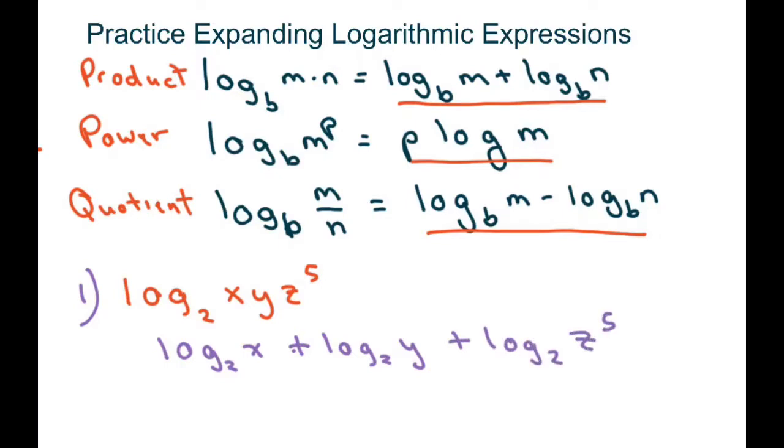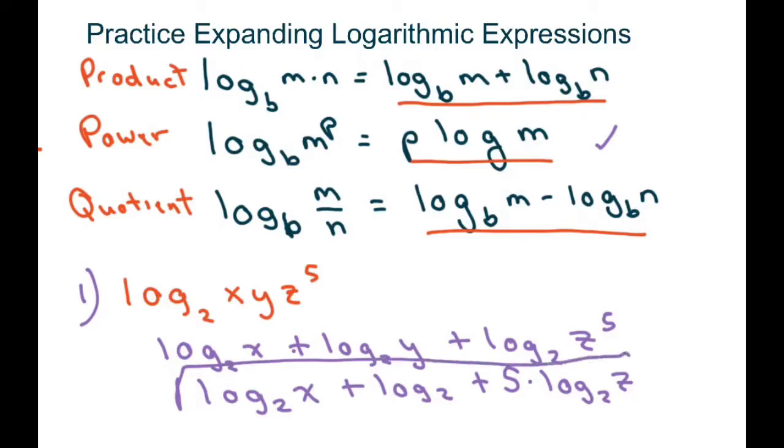Now it's not completely expanded. We also have to use the power property here and move this 5 in front. So we'll get log base 2 of x plus log base 2 of y plus 5 times log base 2 of z. And that's your total expanded form.